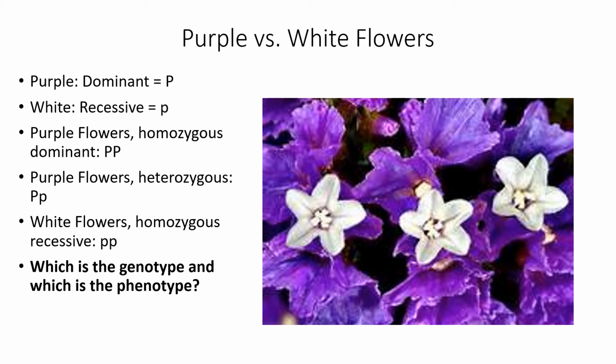So the genotype is the actual genes, the alleles. So what is it? It can be either the homozygous dominant, so capital P, heterozygous capital P, lowercase p, homozygous recessive, lowercase p. Phenotype is the physical appearance, so purple and white.